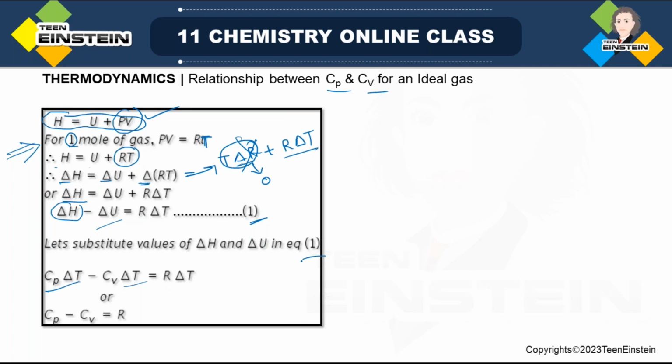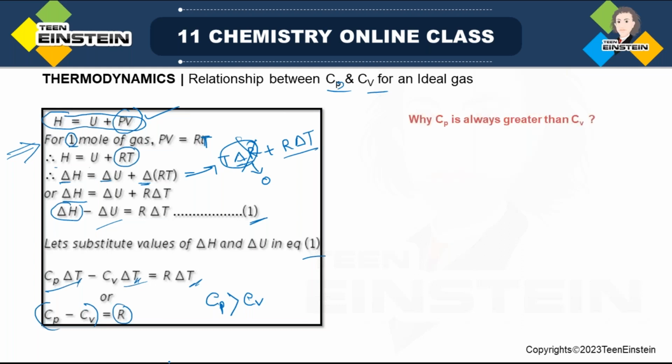So put these two in equation 1, and cancelling del T from both sides, you reach this final expression: Cp minus Cv is equal to a constant value, the universal gas constant R. So this is the relationship between Cp and Cv, and from it, it is also clear that the Cp value is greater than Cv because this quantity is positive. So from this mathematical expression, we can conclude that Cp is greater than Cv.